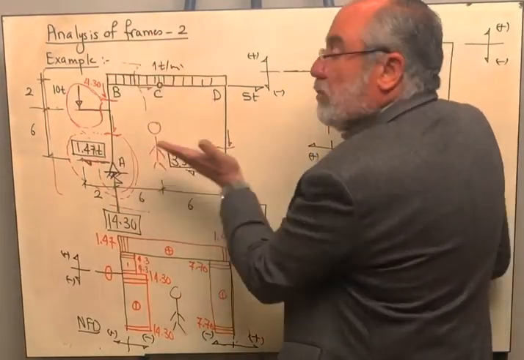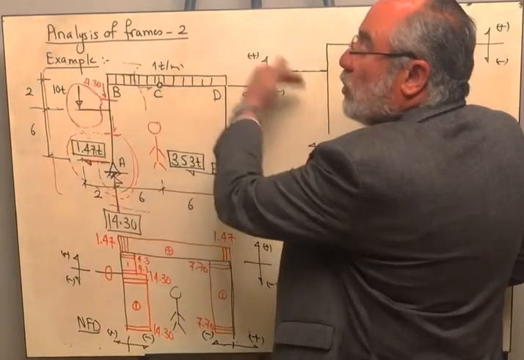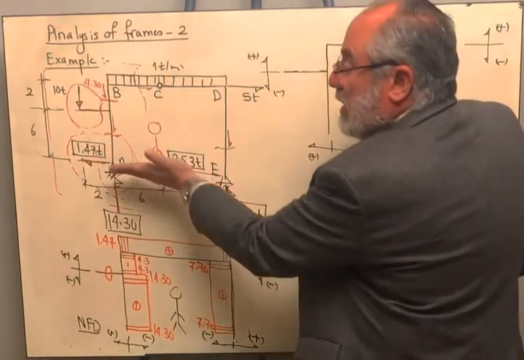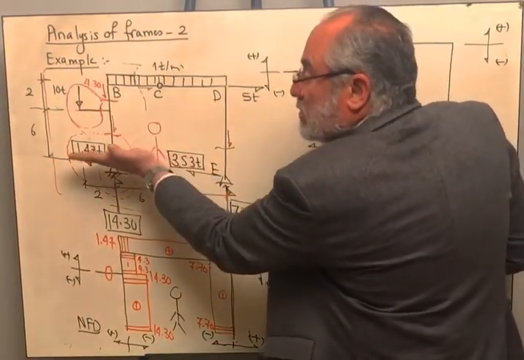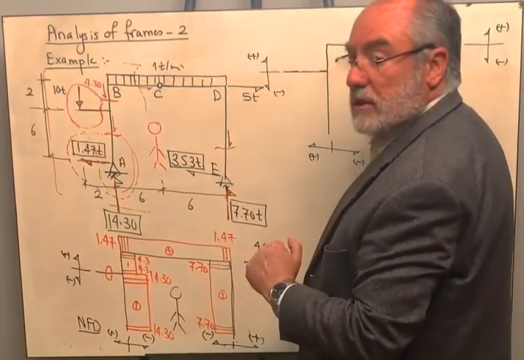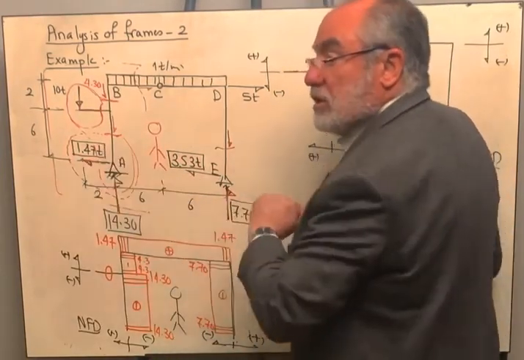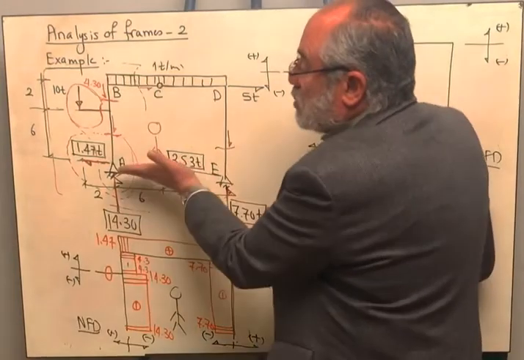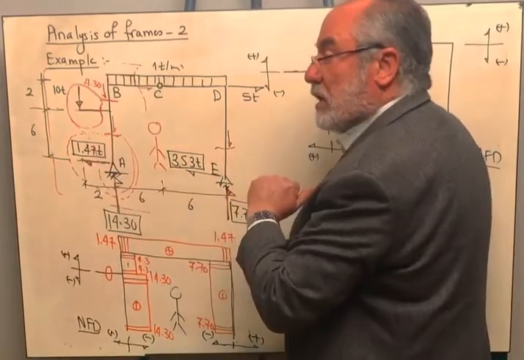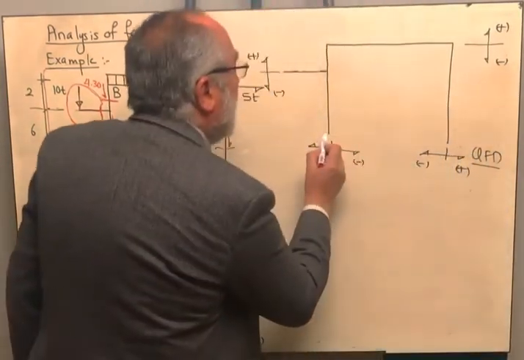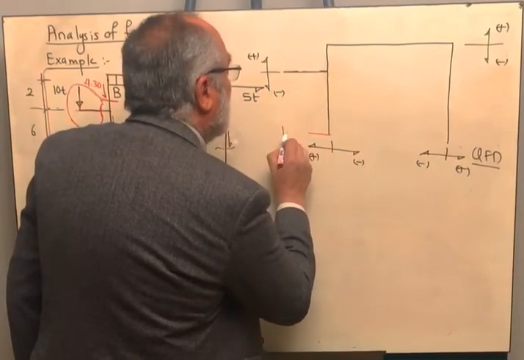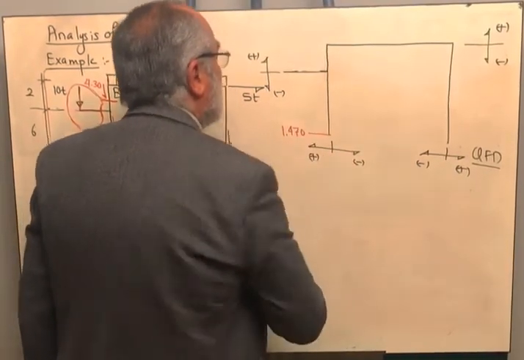I'm starting from point A and I'm hiding all of the frame. So I'm having on this side an upward force of 1.47. It is causing positive shear. Why is it positive shear? Because it is on my left hand side and upward. I will come here and I will draw a value of 1.47.